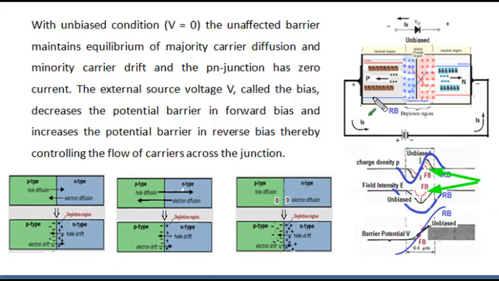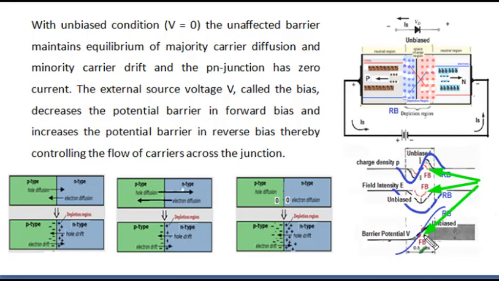In forward bias, we connect P side with the positive terminal and N side with negative. In this, the majority carriers will move towards the depletion region, hence charge density and electric field intensity, as we can see by the red lines, its strength and width gets reduced and we have a reduced barrier potential.